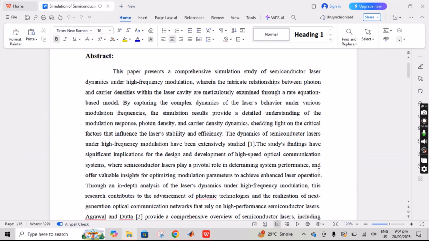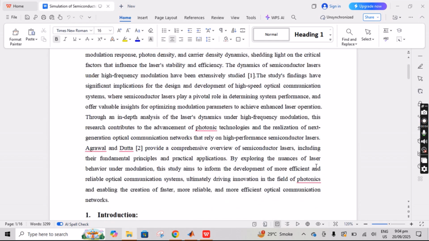So the thing is that the estimation of the dynamics of semiconductor lasers under high frequency modulations has been extensively studied in our paper. Photonic technologies are the modern technologies in our research, and this provides us the realization of next generation optical communication networks that rely on high performance semiconductor lasers.